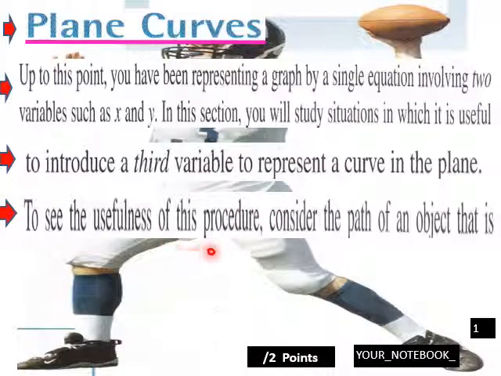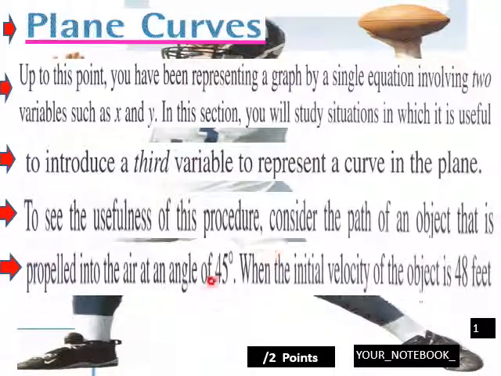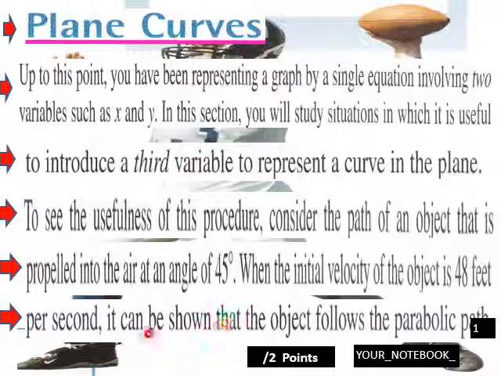To see the usefulness of this procedure, consider the path of an object that is propelled into the air at an angle of 45 degrees. When the initial velocity of the object is 48 feet per second, it can be shown that the object follows the parabolic path.